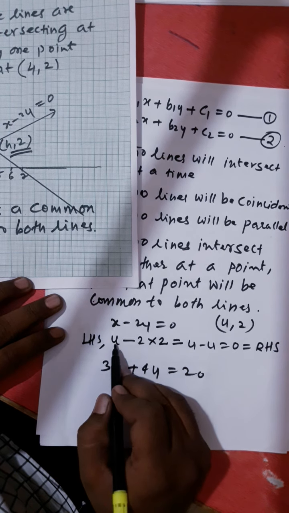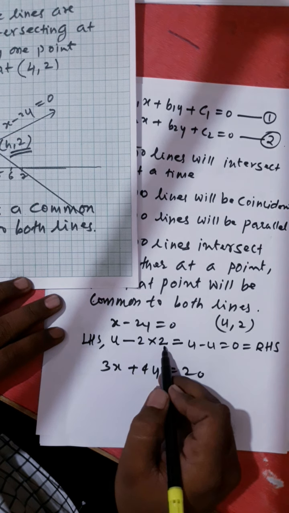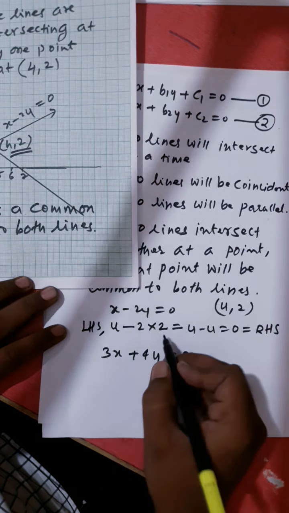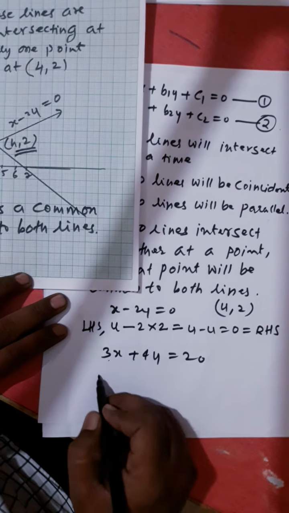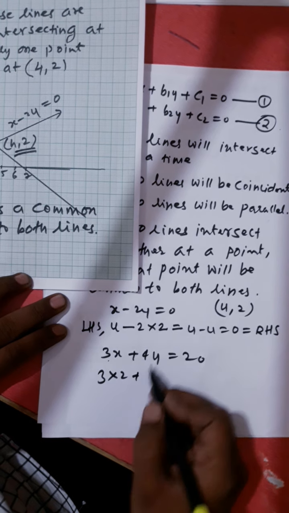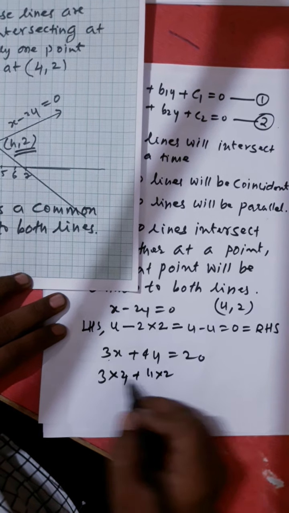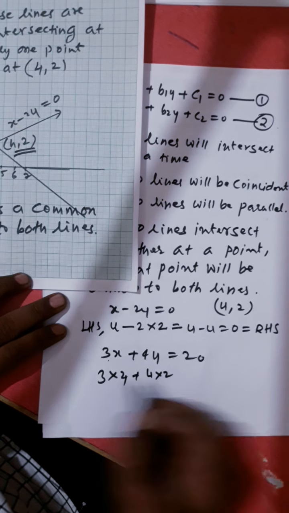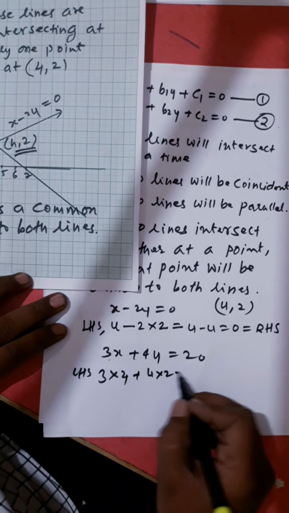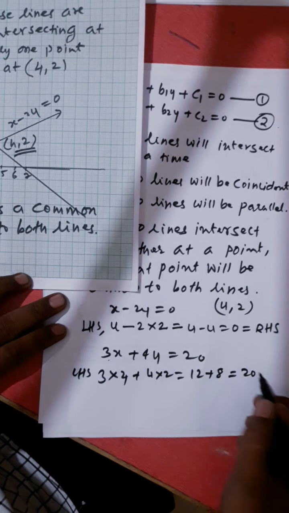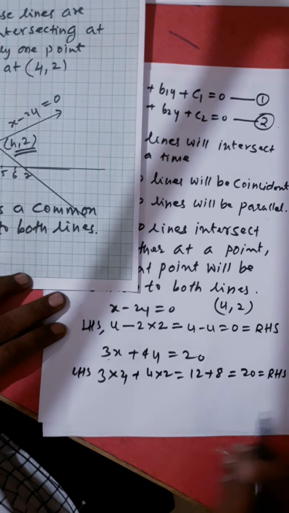LHS is x minus 2 into y, which is equal to 0, equal to RHS. Then if you put the same values here, 3 into 4 plus 4 into 2, this is LHS. Then this will be 12 plus 8 is equal to 20, which is equal to RHS.